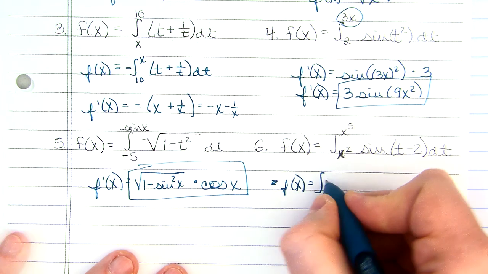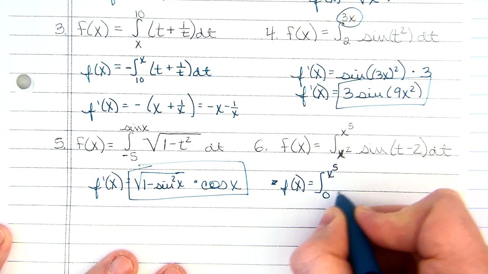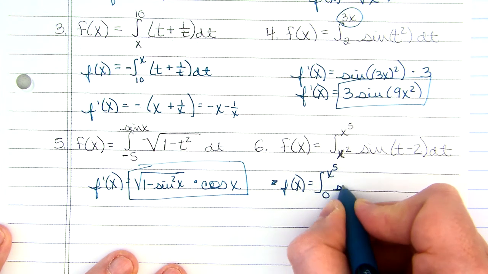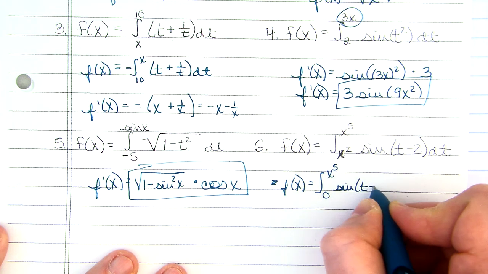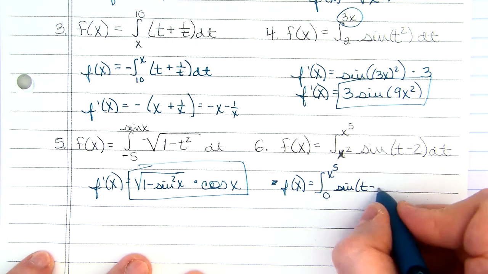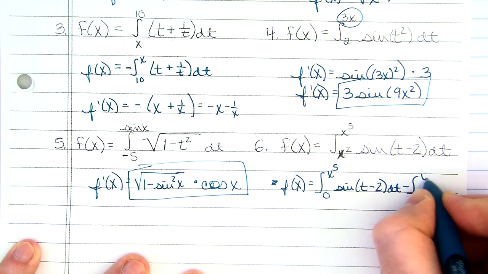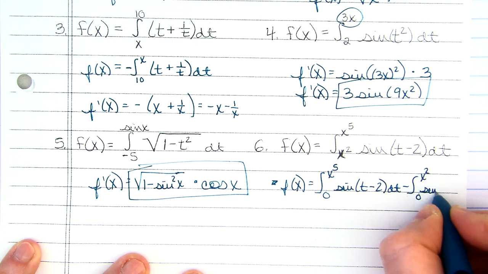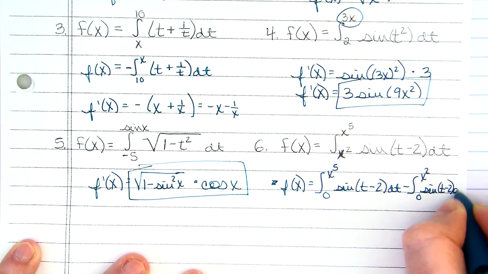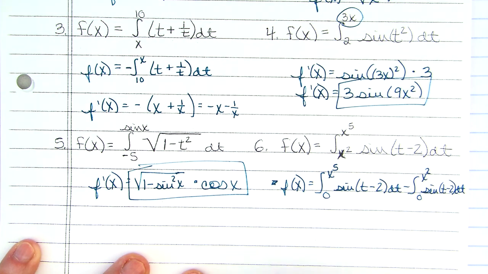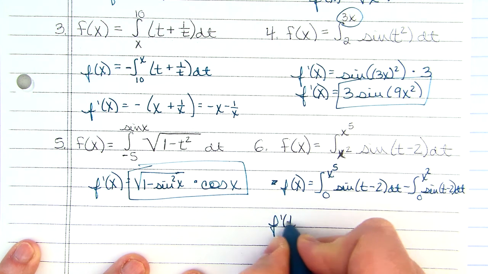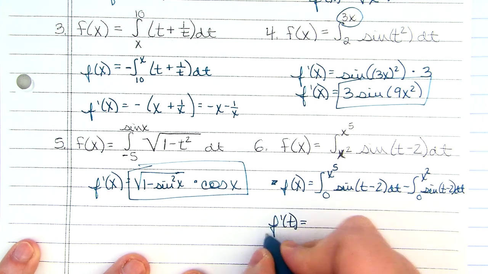So how about I write this as the integral from 0 to x to the 5th of the sine of t minus 2 dt minus the integral from 0 to x squared of the sine of t minus 2 dt. Go find your derivative using second fundamental theorem of calculus and chain rule.